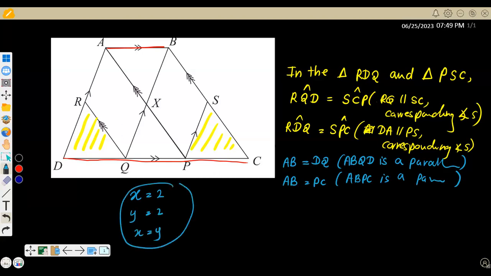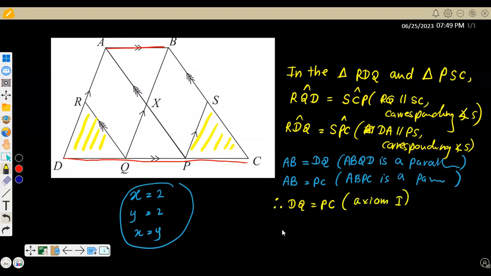Here, DQ and PC are straight line segments equal to the same quantity, which is the length AB. Therefore we can write DQ equals PC. The reason is axiom 1.